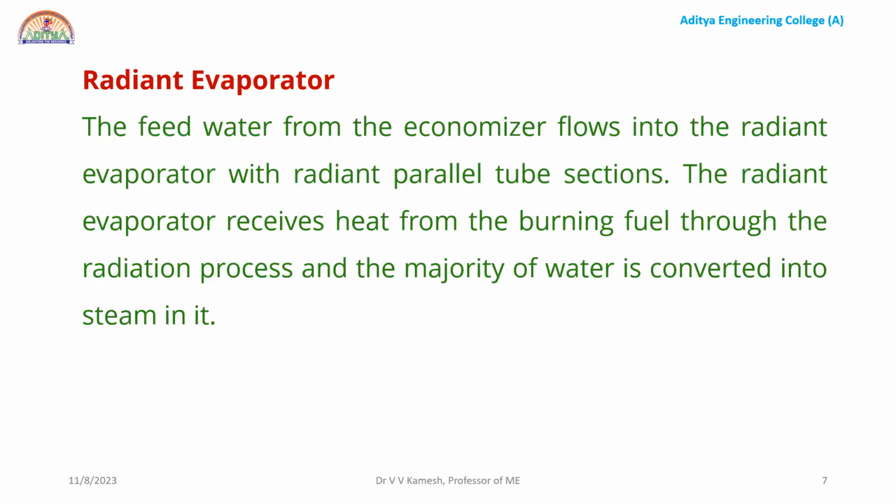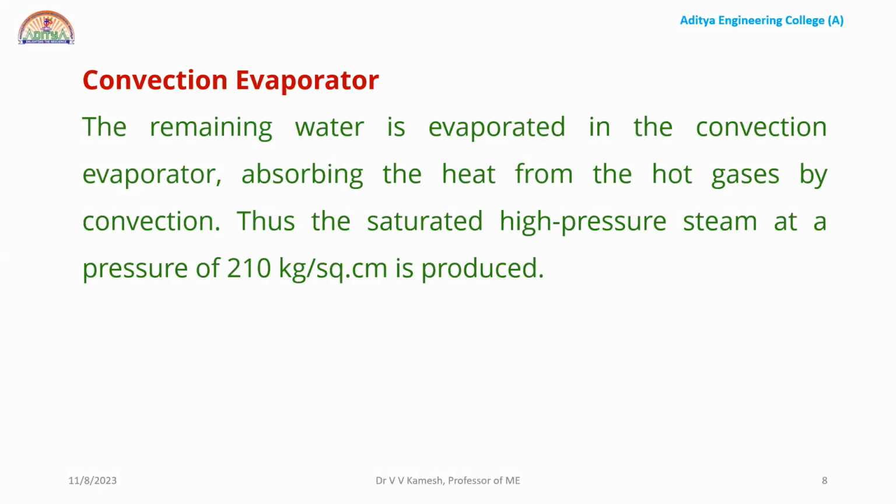And this is the second stage, the radiant evaporator. The feed water from the economizer flows into the radiant evaporator with the radiant parallel tube sections. The radiant evaporator receives heat from the burning fuel through radiation, and the majority of the water is converted into steam.